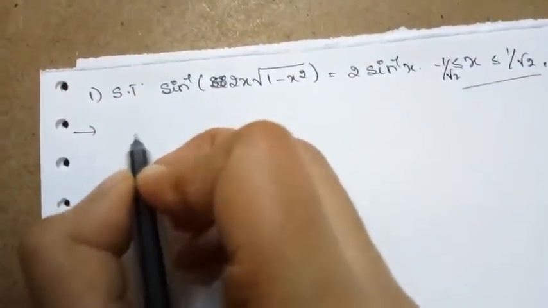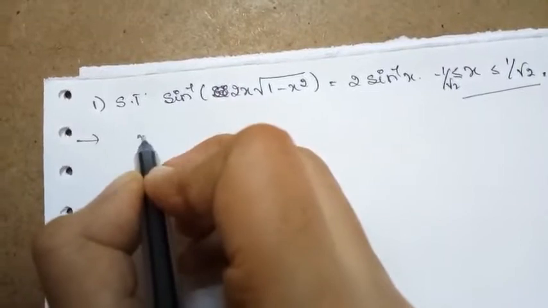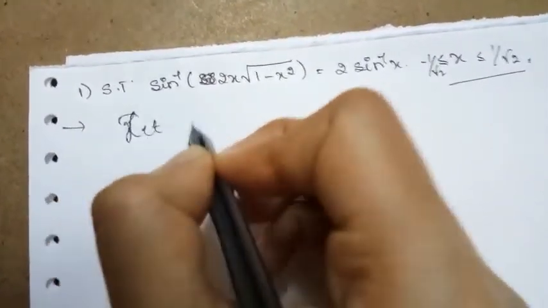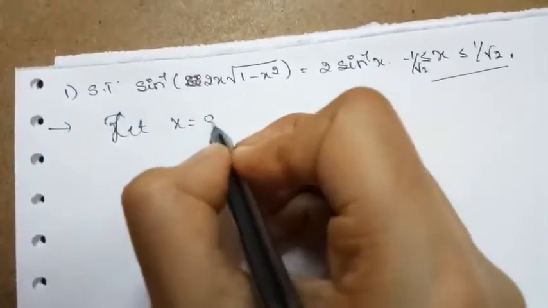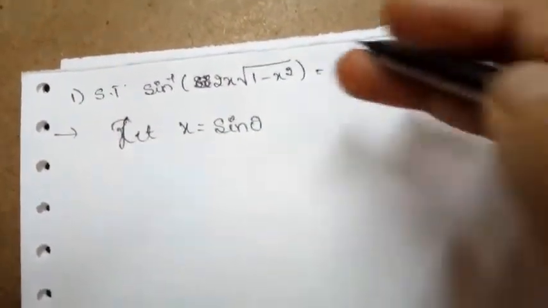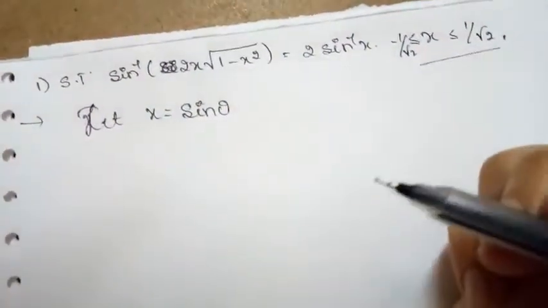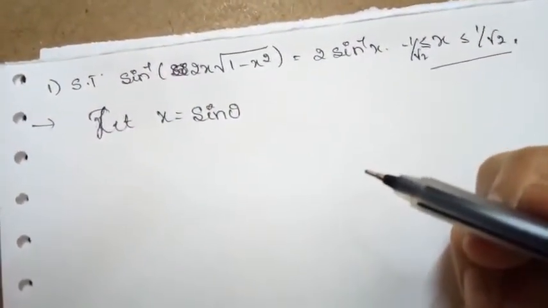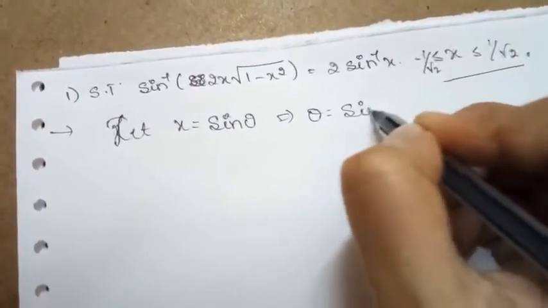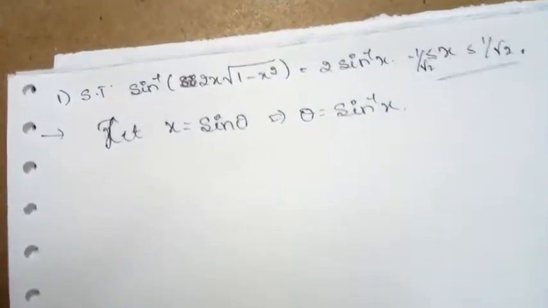So first thing here, this one. What I am taking here: let x is equal to sine theta. Why sine theta only? You will come to know while solving. So let x is equal to sine theta. So what does that imply? Theta is equal to sine inverse of x.